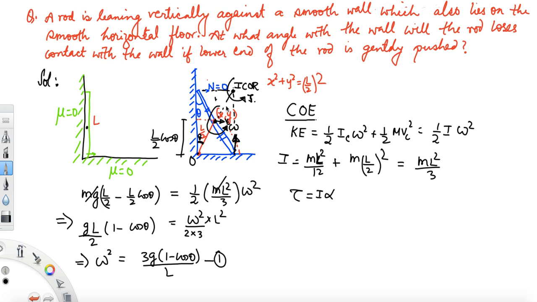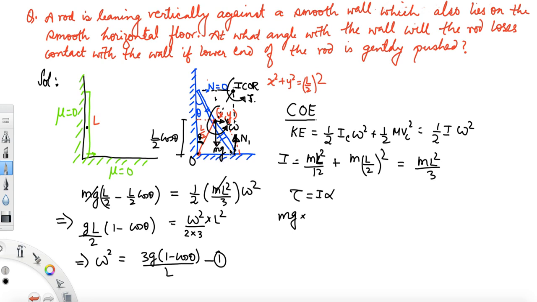If you consider this ICOR, this normal, let's say N1, the torque of N1 will be 0 because N1 is passing through ICOR. So you can just take the torque of mg about ICOR, that is mg times this perpendicular distance, which is L by 2 sine theta, right?